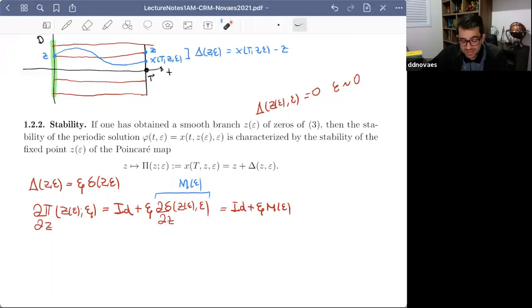So the eigenvalues of this matrix, the derivative of the Poincaré map, can be studied by means of the eigenvalues of the derivative of the displacement function.